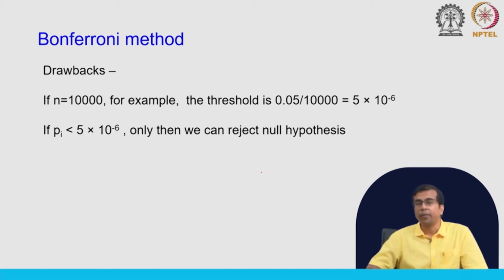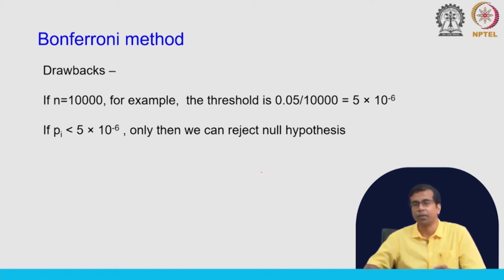And you can now imagine that only if pi is less than 5 into 10 to the minus 6 can we reject the null hypothesis. So, this is a very stringent cutoff, and very rarely will we get pi values this low. This is especially true for our scenario, where we are doing differential expression analysis with very few replicates.